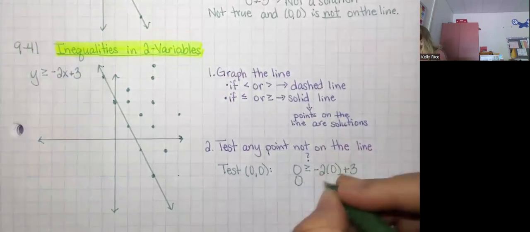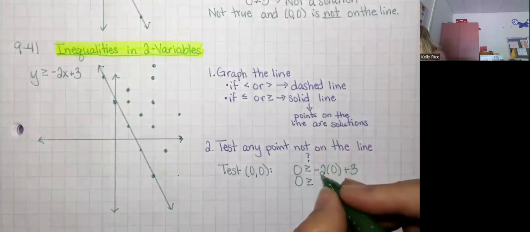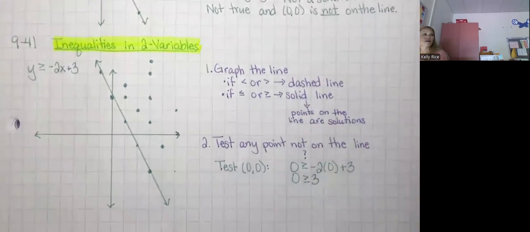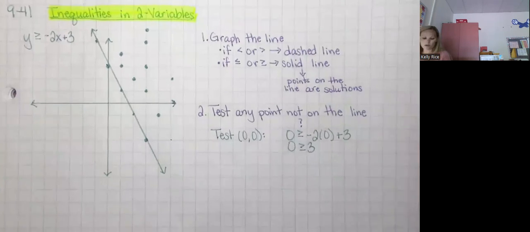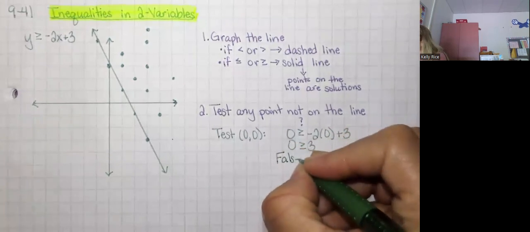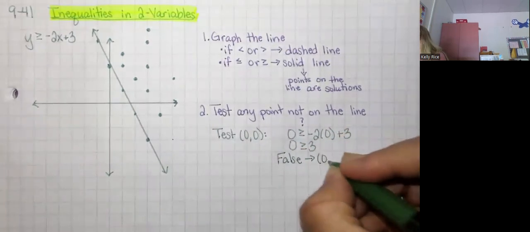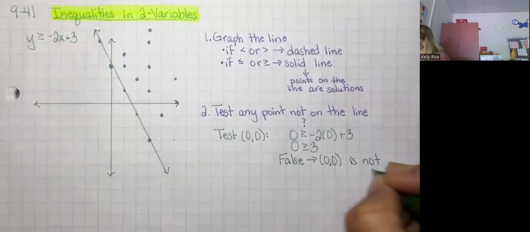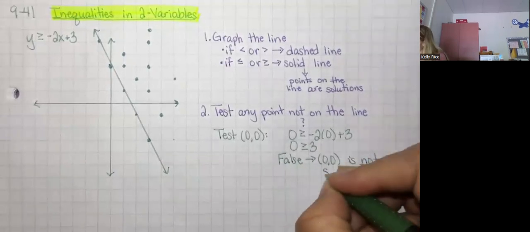So 0 is greater than or equal to -2 times 0, which is 0, plus 3 is 3. Is that true or false? False. What does that mean? So 0, 0, we know it's not on the line. This means it is not a solution.